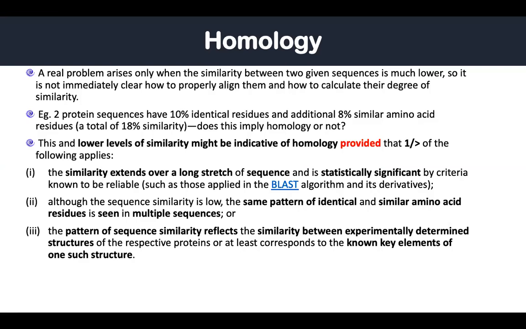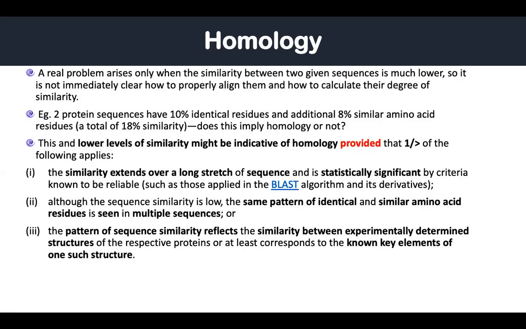But if you have sequence similarity of, say, 20% or 30%, how are you going to be sure that they function the same way? So here's an example. Let's say two protein sequences have 10% identical residues and an additional 8% similar amino acid residues, so a total of only 18% similarity. Does this imply homology or not?